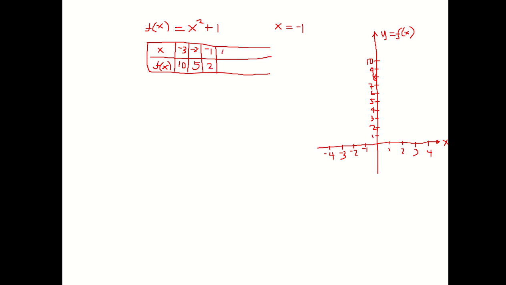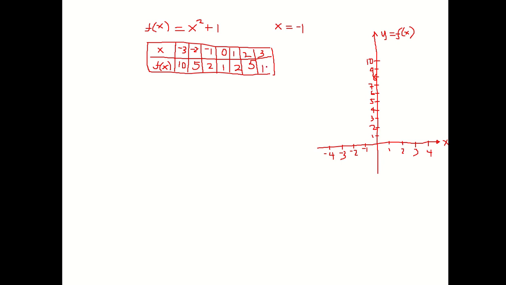And when x is 0, this is equal to 1, and when x is 1, we have 2, and when we have 2, we have 5 here, and when this is 3, we have 10.